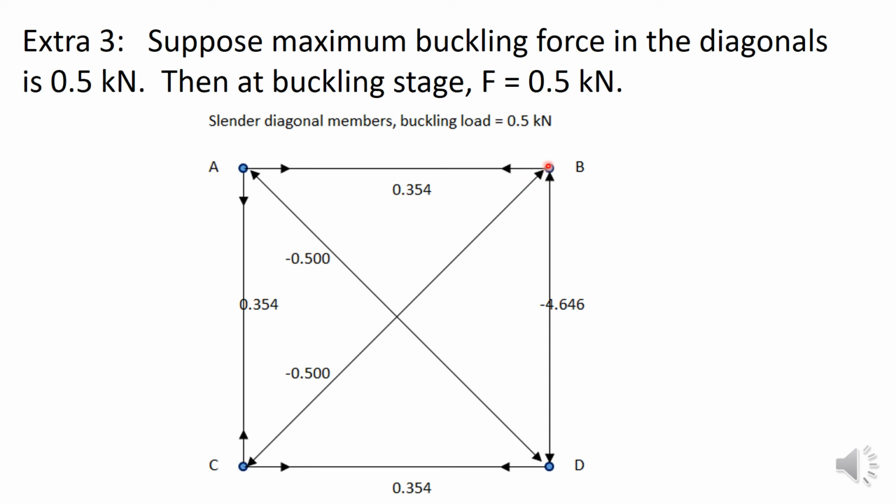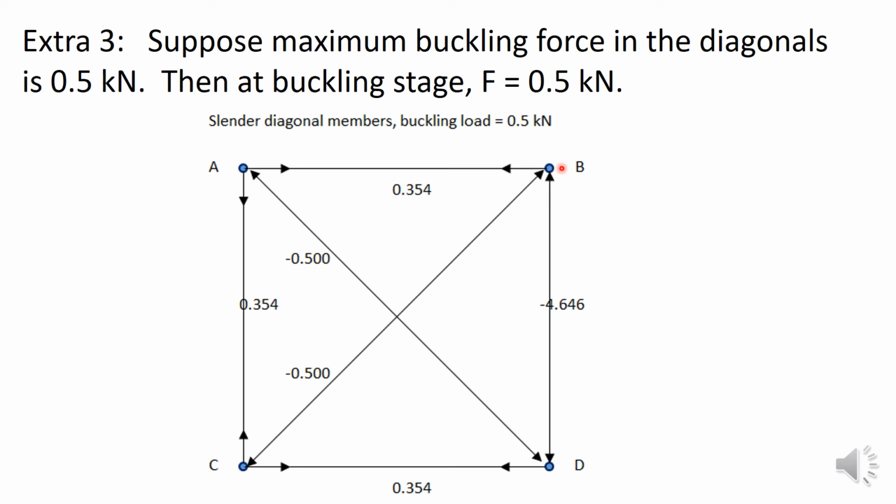Now at the extreme right for B, this member BC would be at its maximum buckle length. That is, when it is still straight with no curvature and the buckling has just started at the 0.5 kilonewton force value. So it's just axial compression force there.